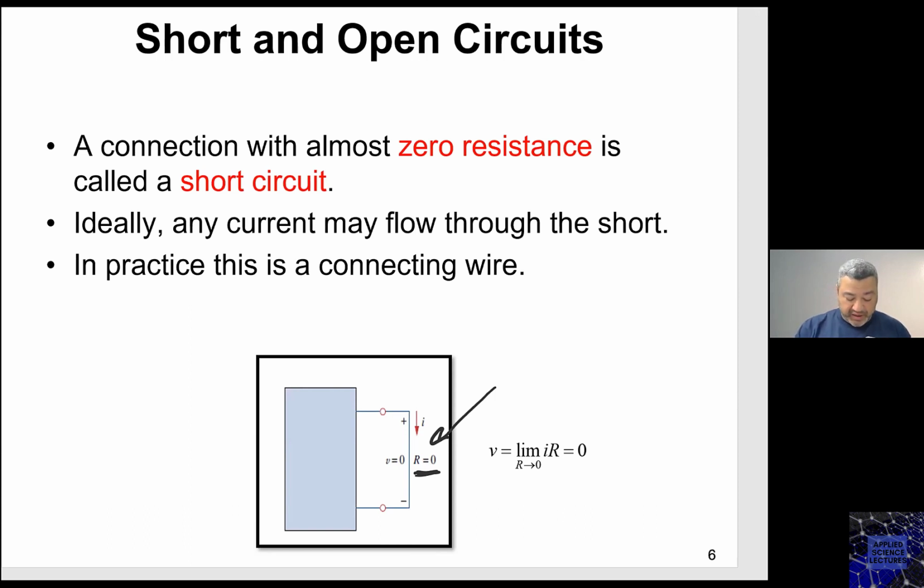So if I have a wire here, I would be getting a maximum current. And of course, as a result of Ohm's law, V equals I times R. If you have R as zero, you will get a voltage of zero. So whenever you have a wire that has zero resistance, the voltage drop across this wire will be zero.